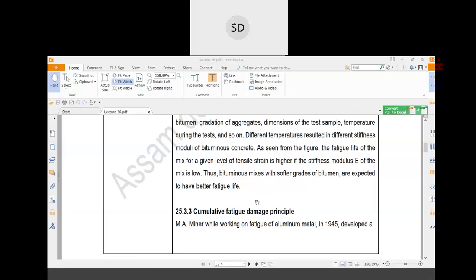Bituminous mixes with softer grade of bitumen are expected to have better fatigue life, because softer grade of bitumen can take more strain than the higher grade of bitumen. If they can take more strain, the failure over the surface would be lower.